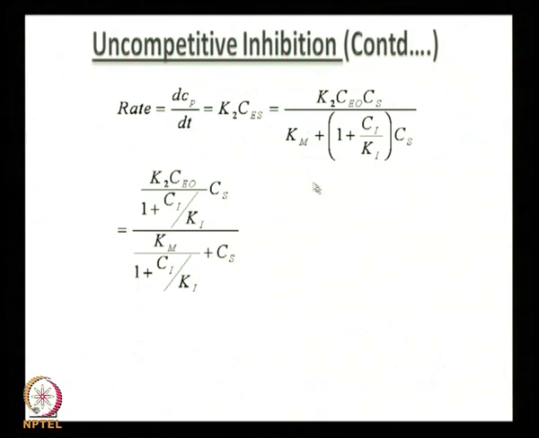Now, that can be expressed in terms of CE naught and CES. What we find over here is that again we have been able to revert back to the Michaelis-Menten form.